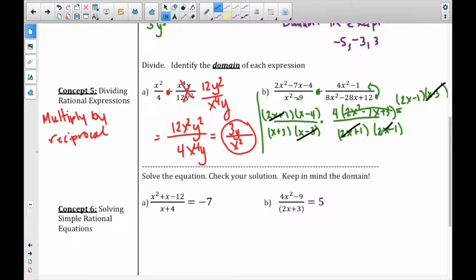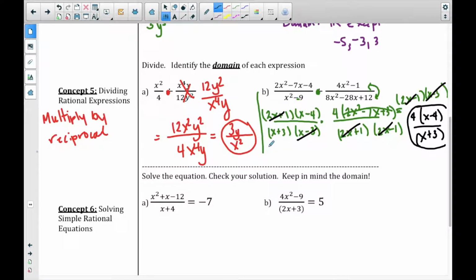I have a 2x minus 1 and a 2x minus 1. And it looks like that's all I have. And so now I'm left in my answer with 4 times x minus 4 over x plus 3. And once again, I would just leave it factored. If you want to distribute it, fine, go ahead, distribute it, but I'm going to leave it factored.